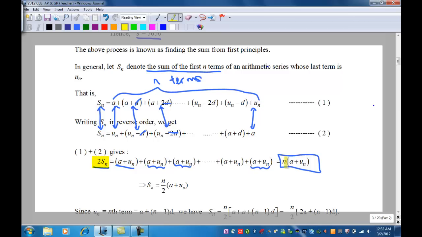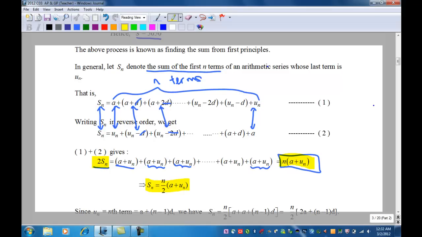So, the highlighted part shows our result. Dividing by 2 on both sides of the equation will generate this very useful sum to n terms formula for an AP.